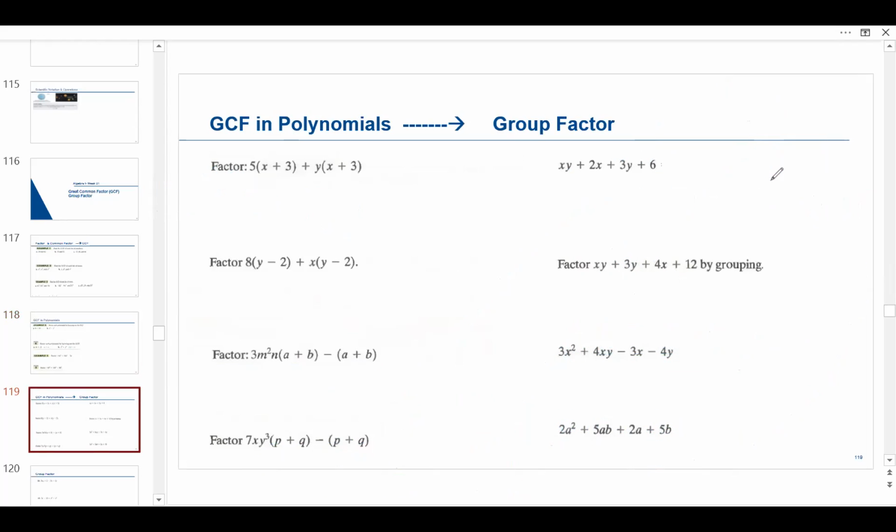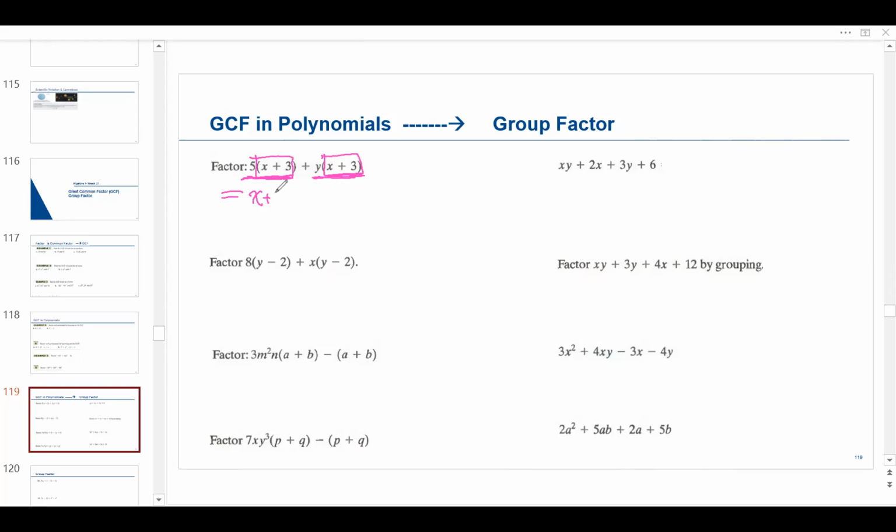In some polynomial expressions, they have this kind of form: one term times these two terms, where the parenthesis describes a group, and y times another. So you can see this is an expression, and this is another expression. They have a common factor x plus 3, right?